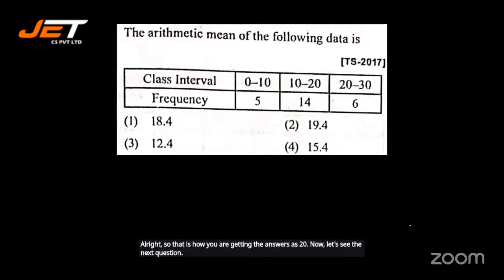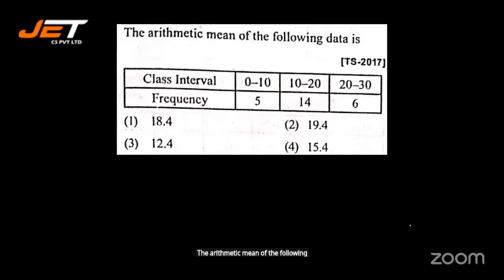The arithmetic mean of the following data is dash. This question has been asked in the year 2017. The class interval is 0 to 10, frequency is 5, 10 to 20, 14, 20 to 30, 6. The options are 18.4, 19.4, 12.4, 15.4. Right?